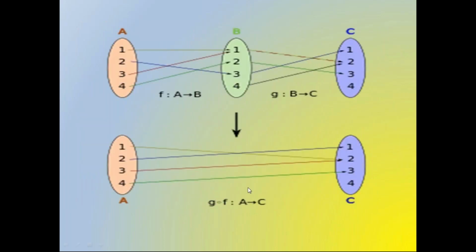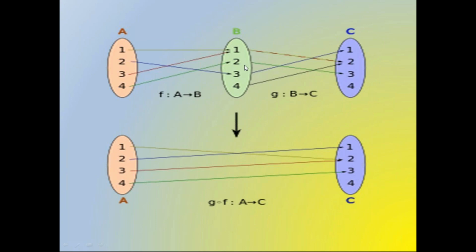And this is an example for a composition of two functions. In the upper diagram, f is a mapping from A to B. The elements of the set A are 1, 2, 3, 4. Elements of the set B are 1, 2, 3, 4. F is mapped from 1 to 1, 2 to 3, 3 to 1, 4 to 2.